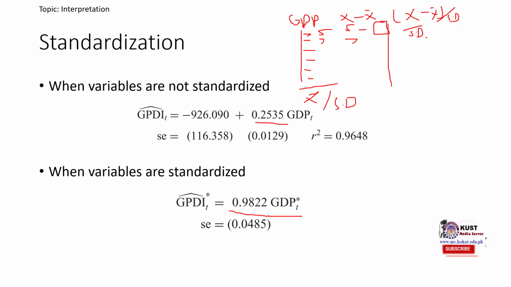For example, the GDP had the unit of billion dollars. So the interpretation would be, if GDP increases by 1 standard deviation, the GPDI would increase by 0.98 standard deviations. Right, so everything is in standard deviation.